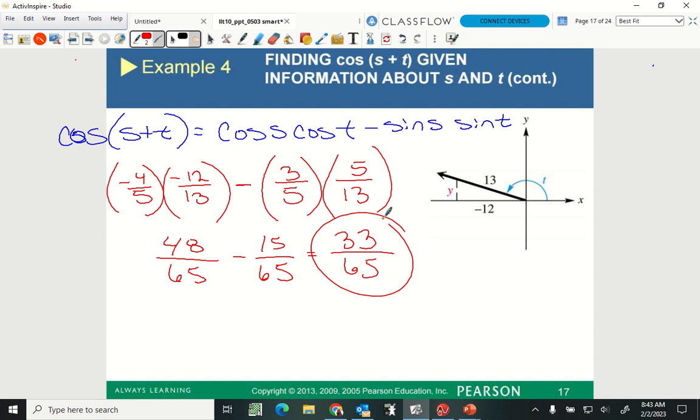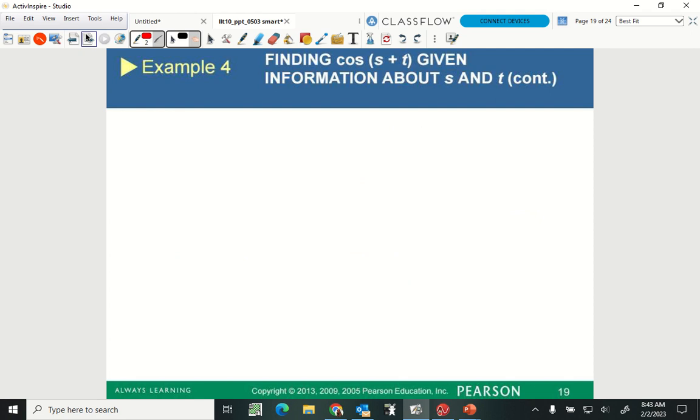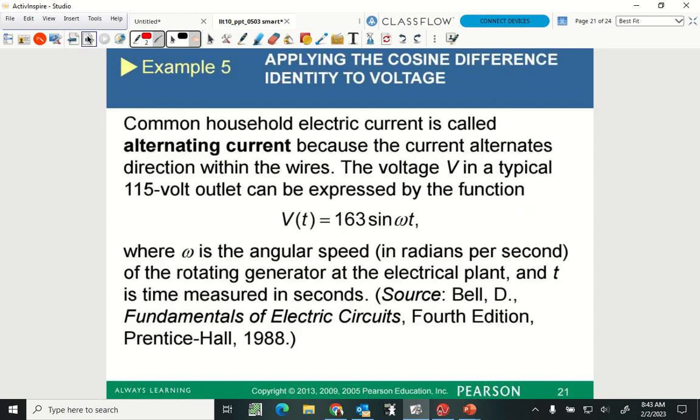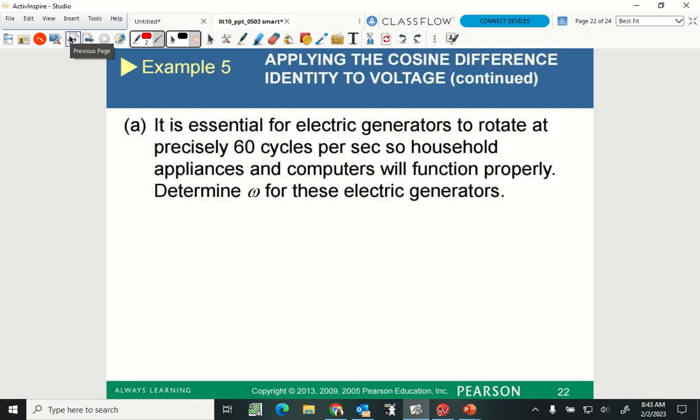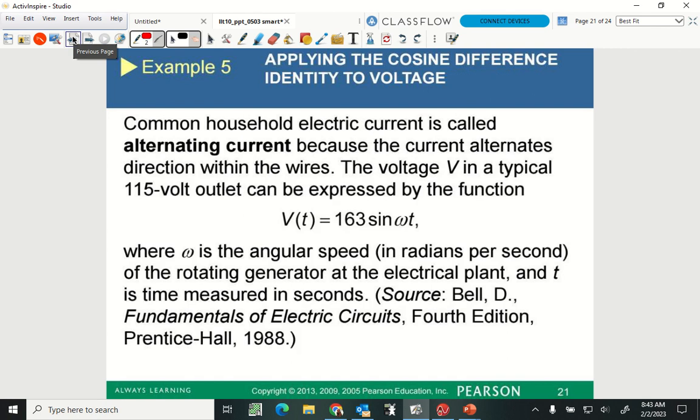All right, we have one more example on this, right? There is a 5 and 6. Okay, this one right here. We're skipping 5 because do you know what 5 is? Words, reading. Okay, now watch this.